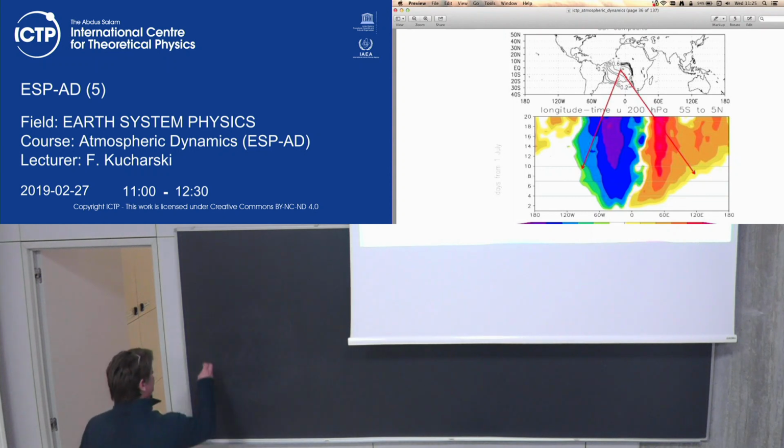So we discussed this. If there is a positive SST perturbation, what does it do to the convection? It increases the convection. It makes the atmosphere more unstable. It increases rainfall, convective rainfall. That is compensated, remember, by a positive vertical velocity to a first approximation in the tropics, because we have to cool off this heating in order to get into a stationary state, which is in the tropics very quickly reached.